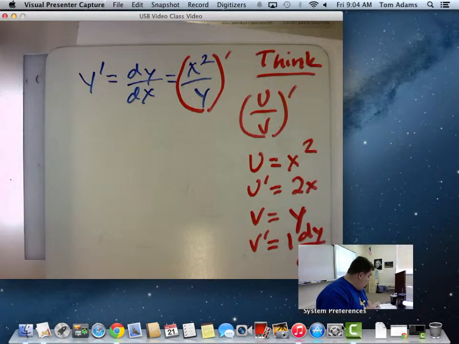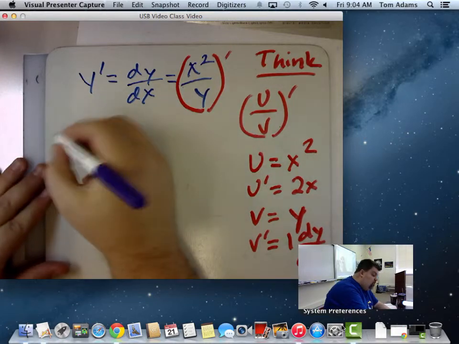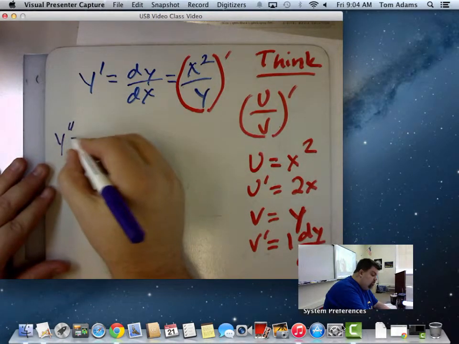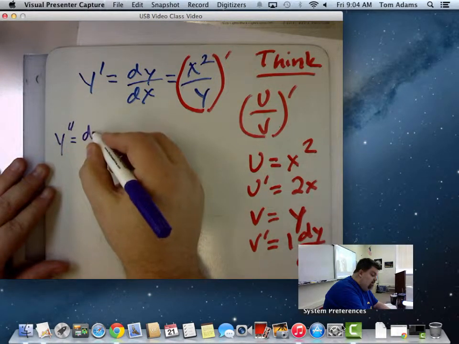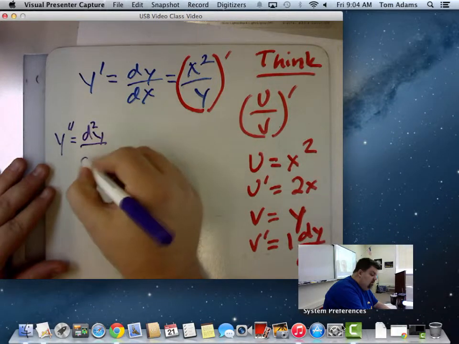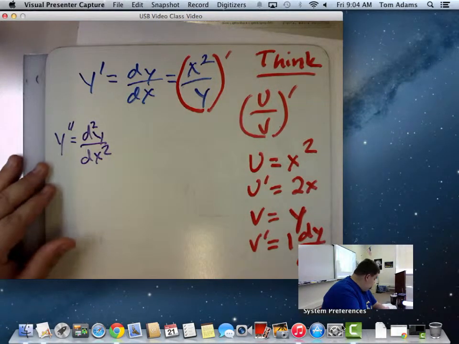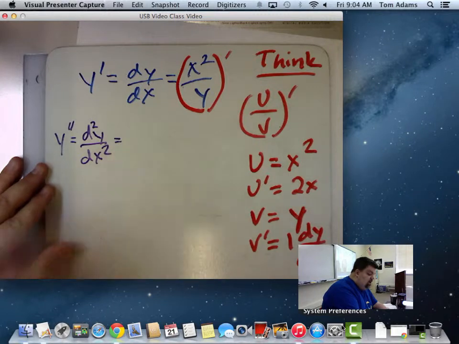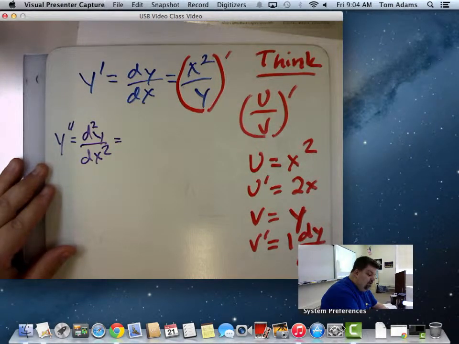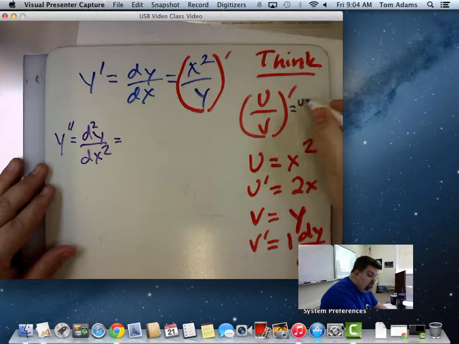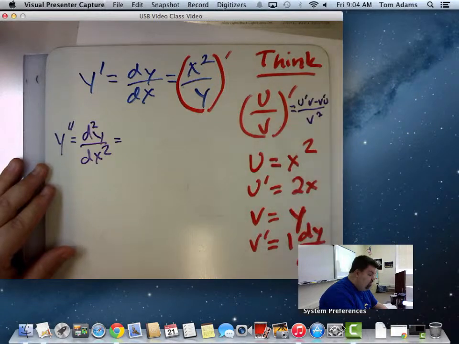So then, to find y double prime, which is really d squared y, this thing here, which is what they were asking, I will plug that into the formula. And now remember, the formula for this is going to be v u prime minus v prime u, all over v squared.